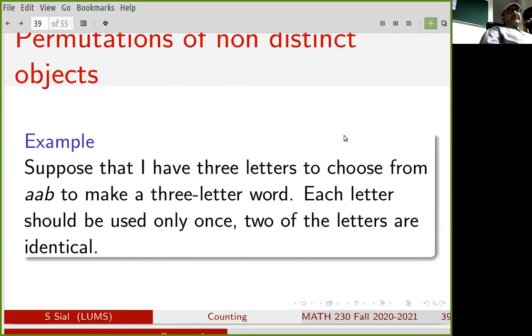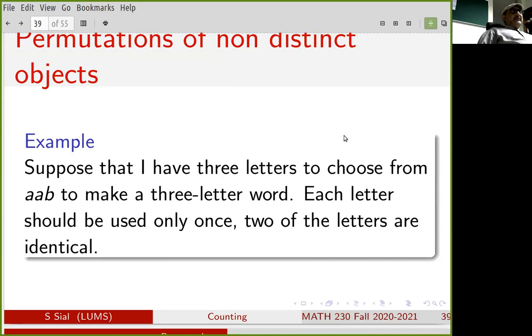Supposing I have the letters A, A, and B, and I can rearrange them to make a three-letter word. Each letter can only be used once, and two of the letters are identical. So I use the first A, the second A, and B, and I can't use any of them over again.